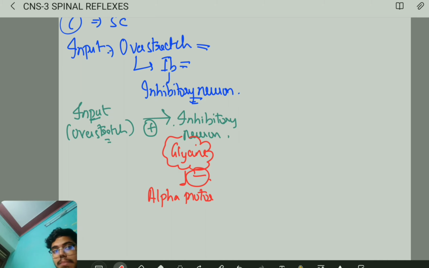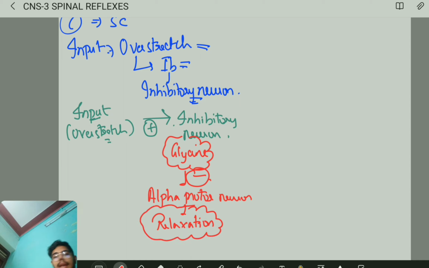If you inhibit alpha motor neuron, we get relaxation. That's it. We get relaxation, that is the response. So glycine, inhibiting alpha motor neuron, causes relaxation. So this inhibitory neuron and the glycine, we call it Renshaw cells.